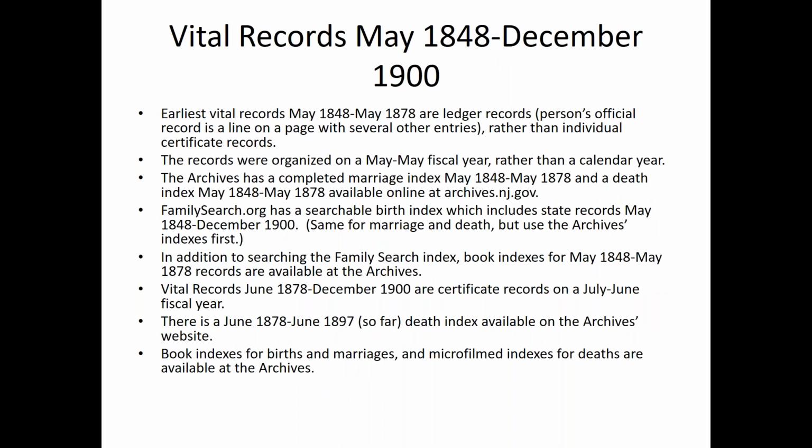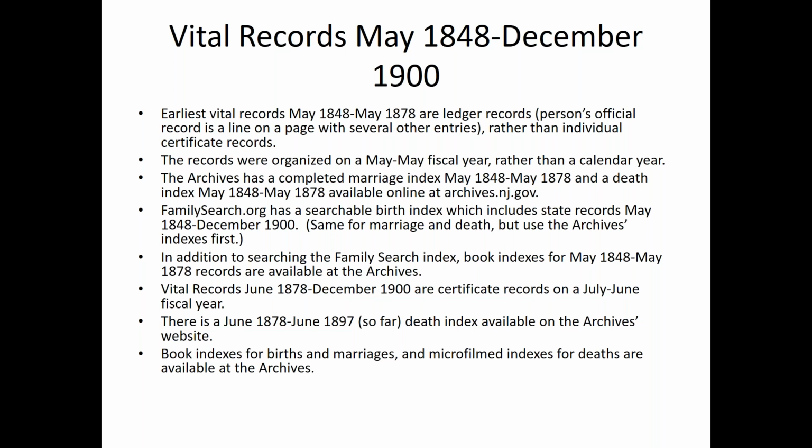So the vital records, May of 1848 to December of 1900, are, I would say, probably a pretty big bulk of the vital records requests that people are looking for.